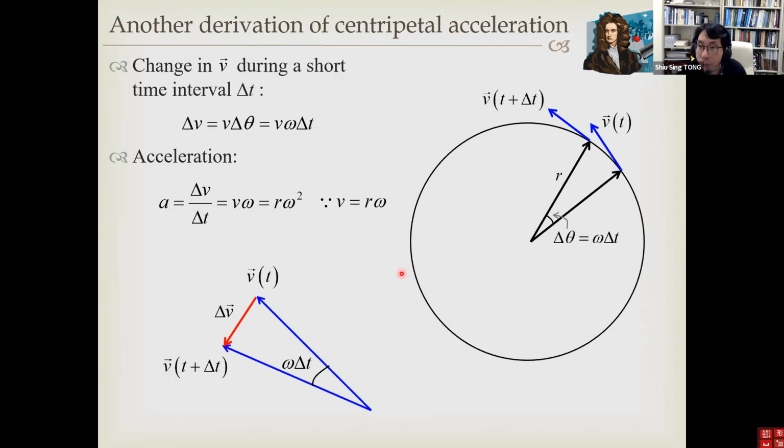I think you already have learned it in high school, so I will not be repeating a lot. And I just want you to appreciate how powerful the analytical method is. In this proof, you have to look at the angle, right? And you have to look at the angle that the two velocities have changed, and that's equal to the angular displacement of the object.